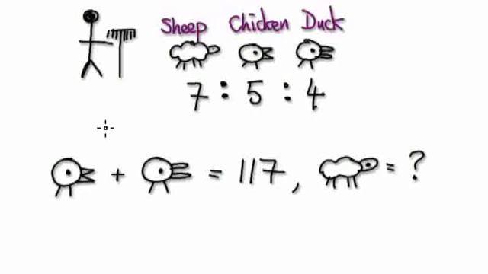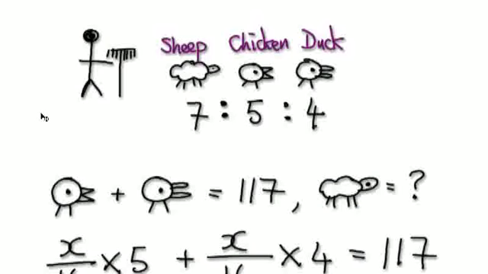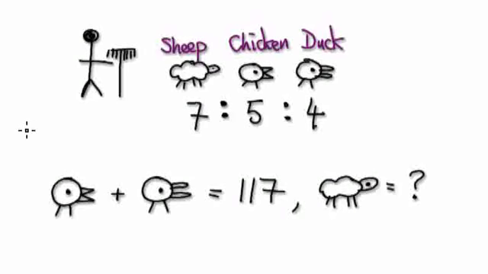So our whole population is 208. Now I can rephrase the question. If all the animals on the farm come up to 208, how many sheep are there?